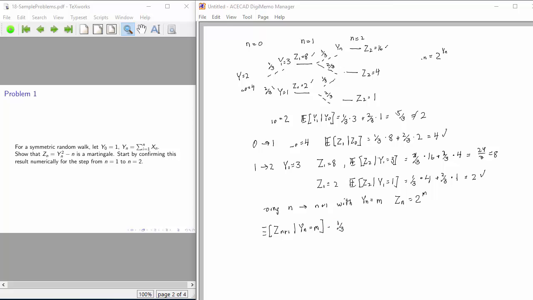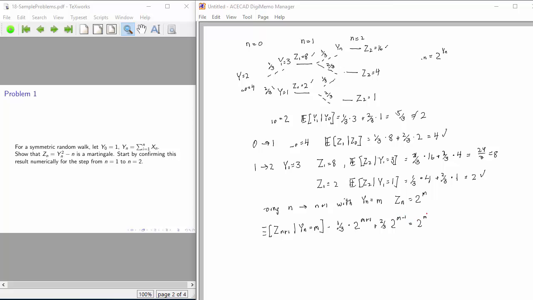So we've got a 1/3 probability that m will increase, in which case z goes up to 2 to the m plus 1. We've got a 2/3 probability of going down to where y equals m minus 1 and z equals 2 to the m minus 1.